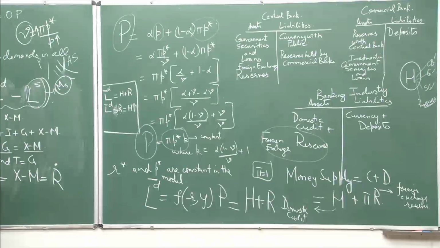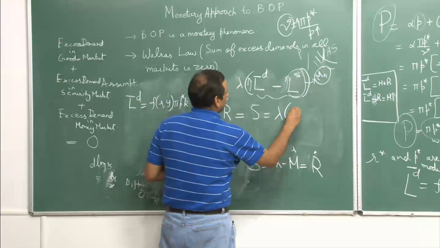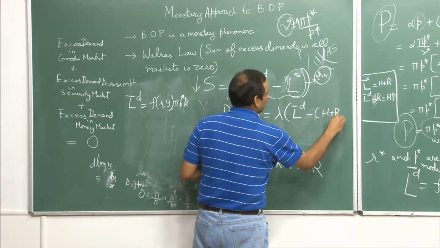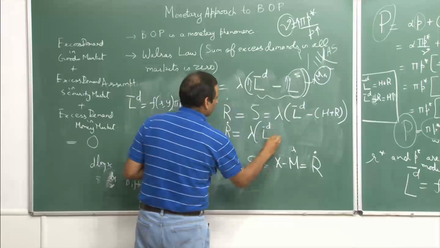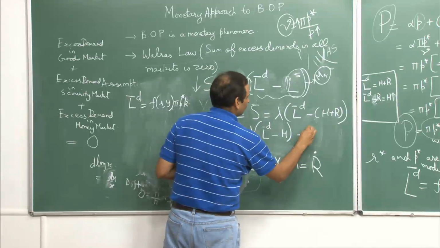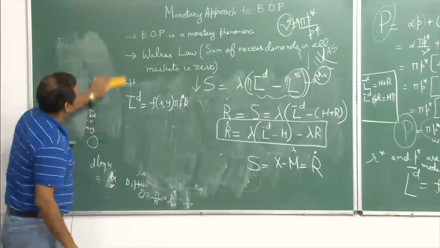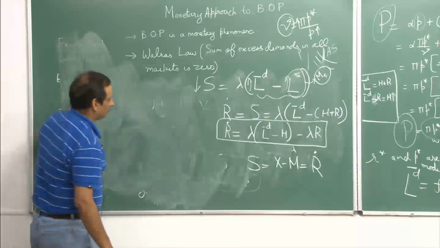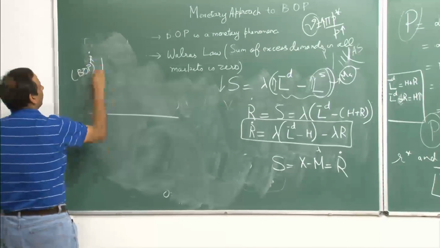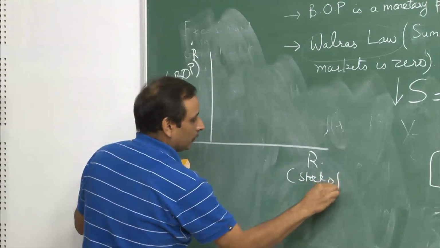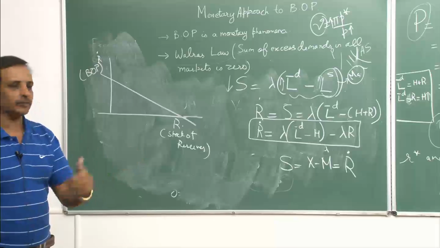So, this diagram, if you work on it, R dot is equal to savings is equal to L bar D minus H plus R. Okay, so we end up here, please.